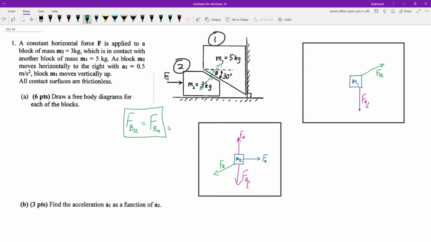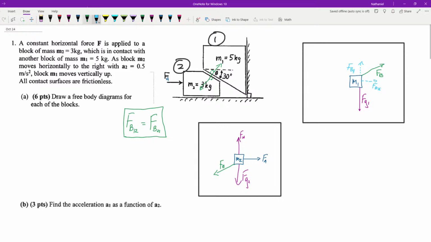Okay, so let's come back to M1. M1 feels gravity downwards. It feels FB up and to the right. And remember, this is a key part of these questions: we're going to turn this into two vectors, FBX and FBY, based on the triangle that it's in.